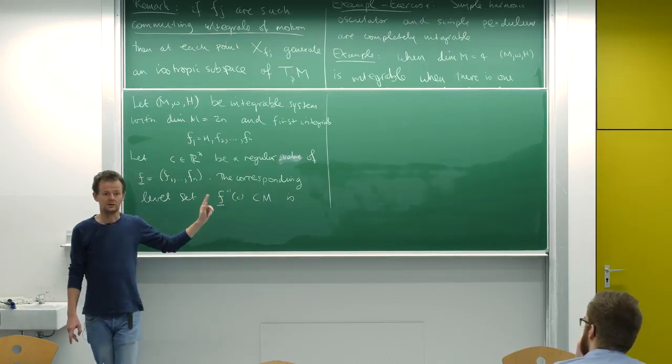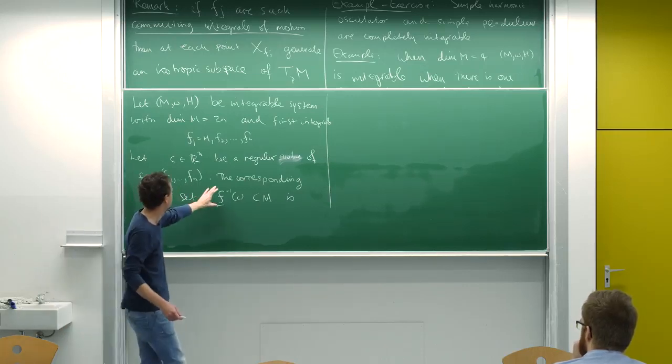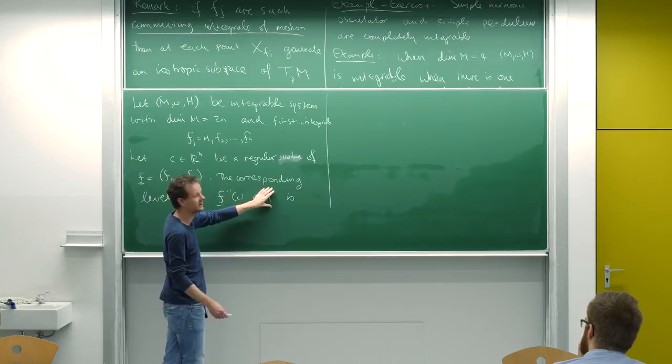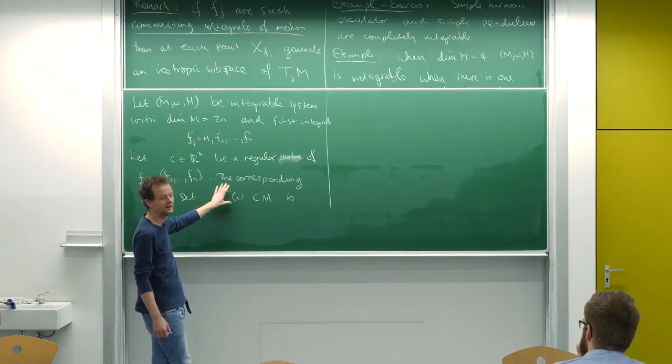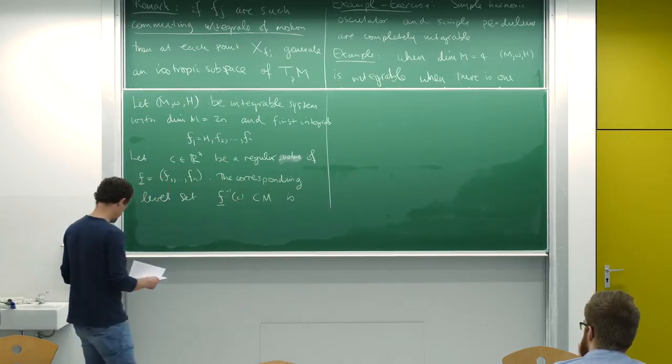So if we restrict to the tangent space of this level surface, the symplectic 2-form vanishes. So this should be a Lagrangian submanifold. Indeed it is.